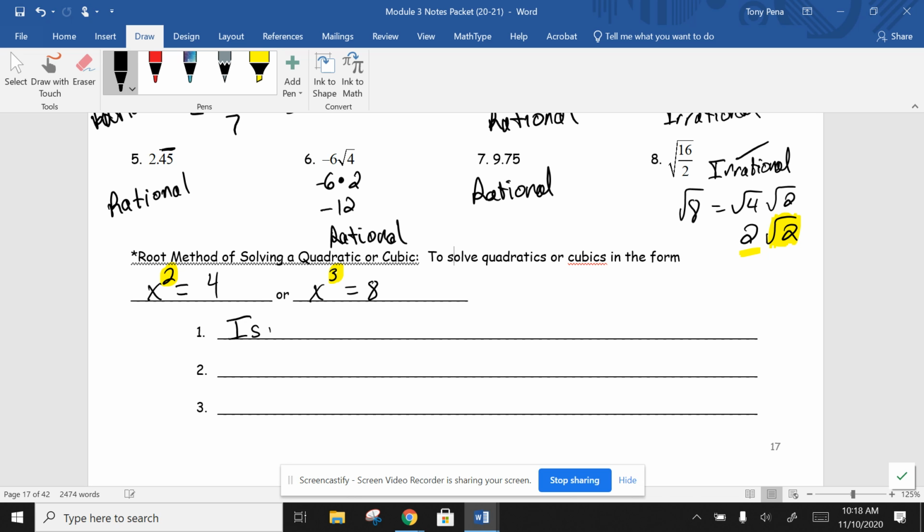The first thing we want to do, and in this case we've already got it, is isolate the variable term. Let's do this: isolate the squared term slash the cubed term. So we want to get it by itself, if at all possible.